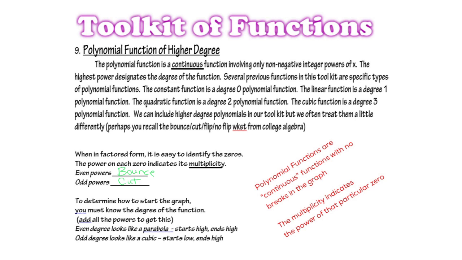To determine how to start your graph, you have to look at the degree. And again, we know that, and I have that written here: even degrees will start high, end high. Odd degrees start low and end low. Okay, so a lot of words, a lot of talk. Let's go do it.